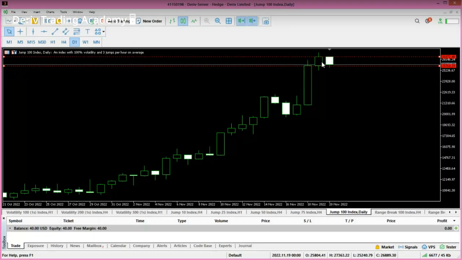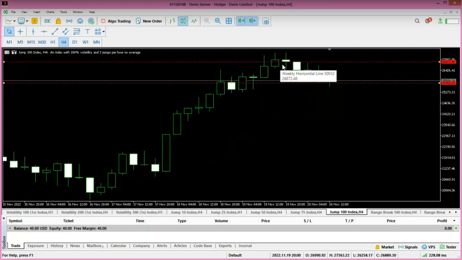The reason I said yesterday we must expect a buy from this Jump 100 was because I thought it was going to go up, but then I woke up at around 2 a.m. and checked, and I saw that this was the H4 candlestick that was there. Let me just confirm it.